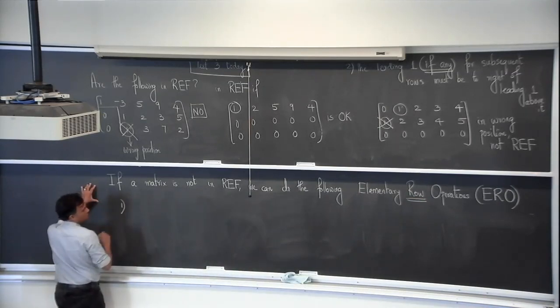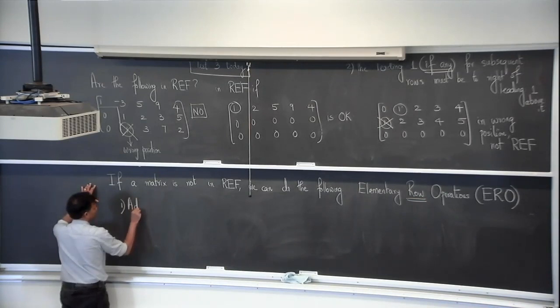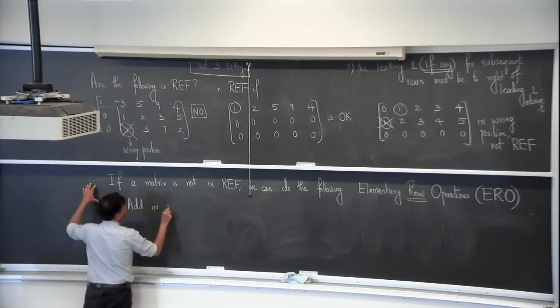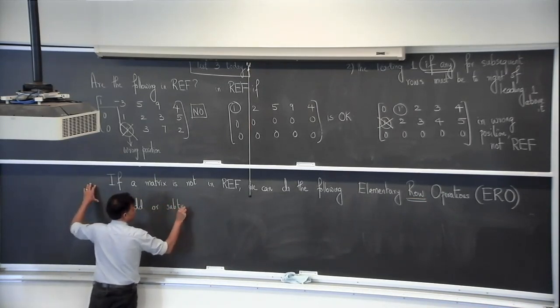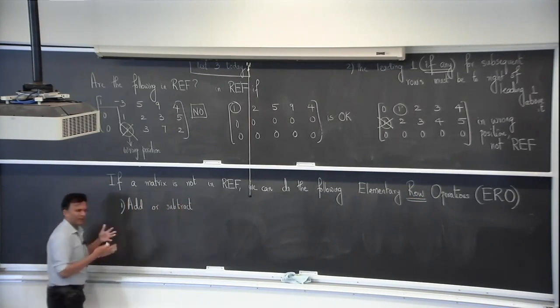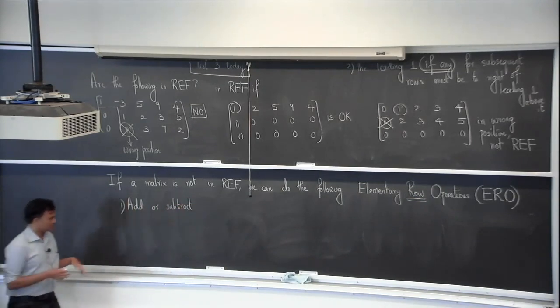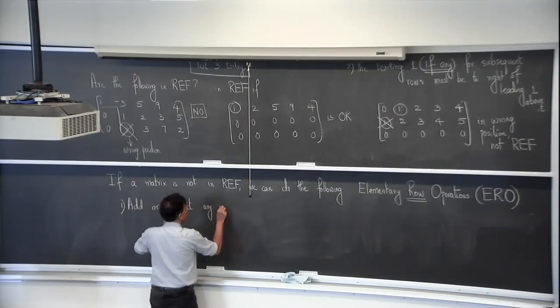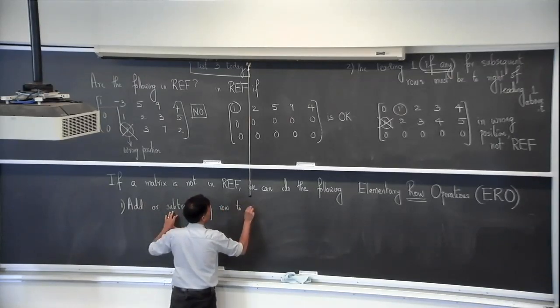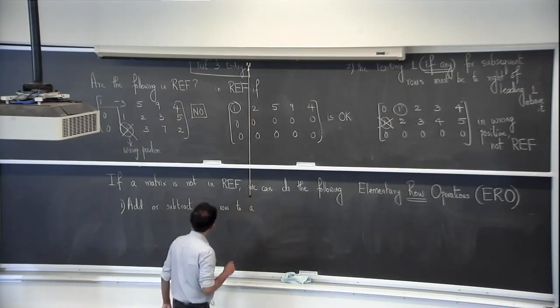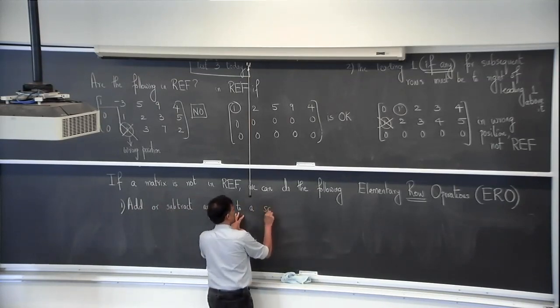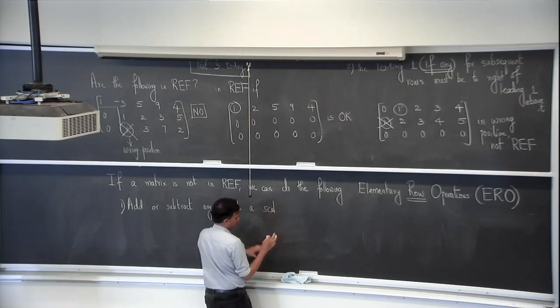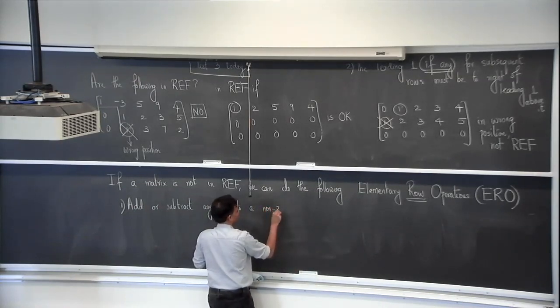Operation number one, you could add or subtract. Subtraction is just an inverse of addition, so there is no need to write it as a separate operation. Add or subtract any row to a non-zero scalar multiple of another row.